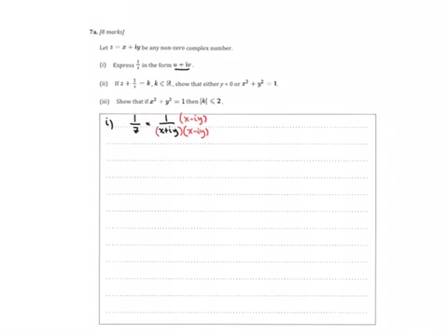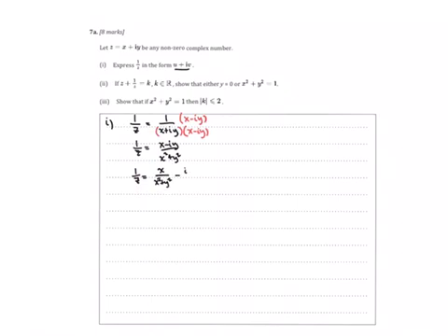So then 1 over z would be equal to x minus iy over x squared minus i squared y squared, which will be x squared plus y squared.